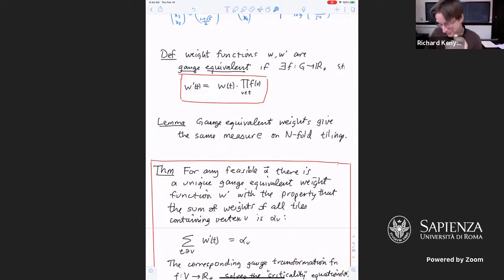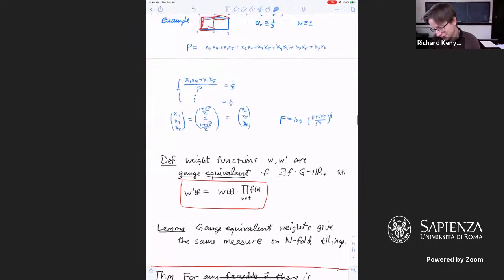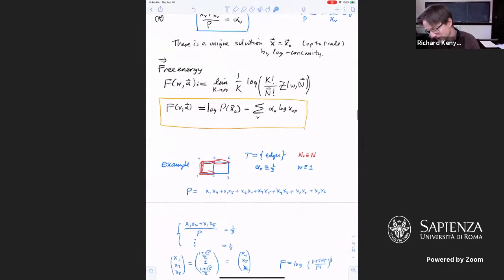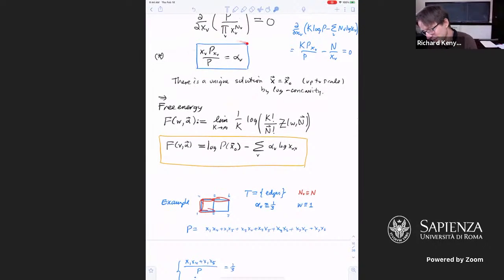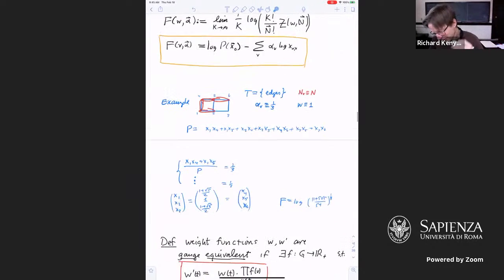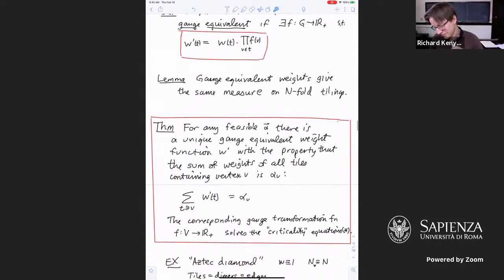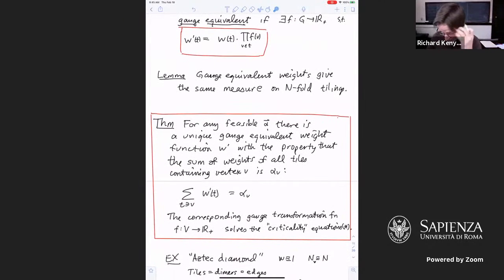You can interpret this. Sorry, let me scroll back. I apologize for scrolling back and forth all the time, but if you look at the critical point equations, you can interpret those equations in the following way. This is a theorem.